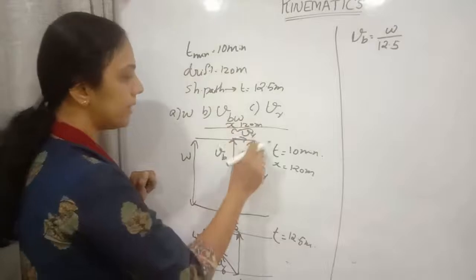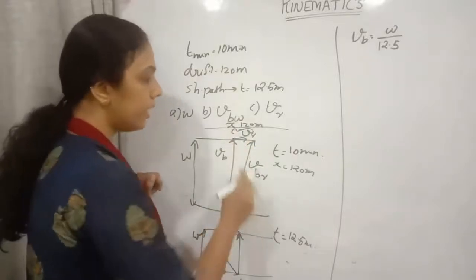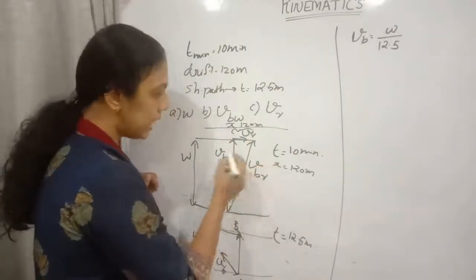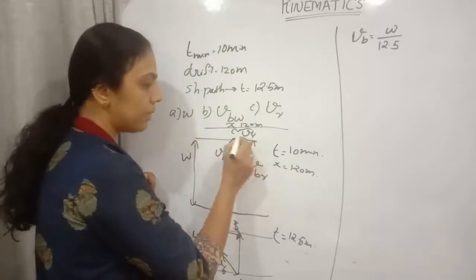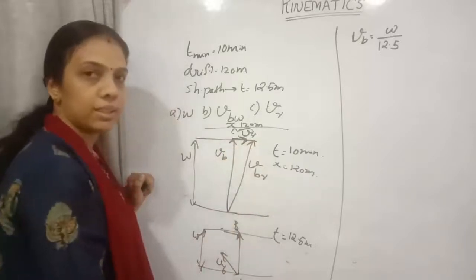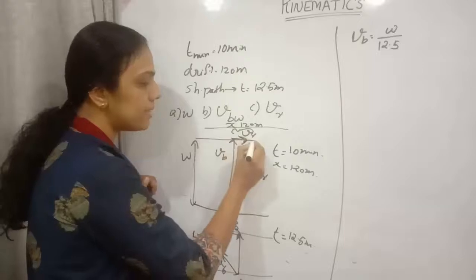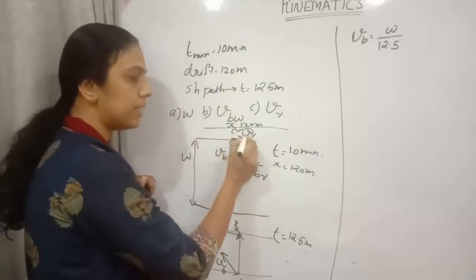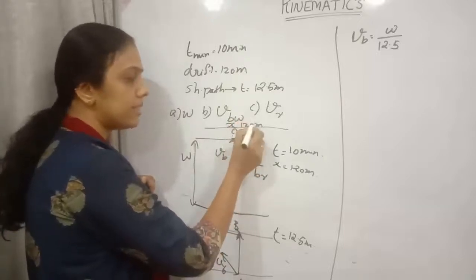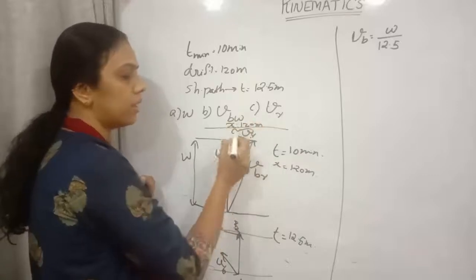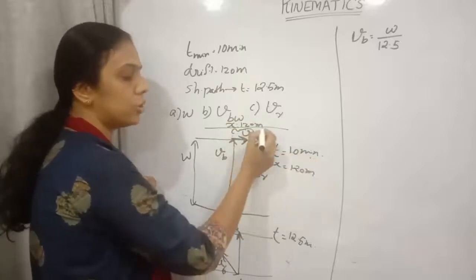Now I am considering this equation. Here, in 10 minutes the river is traveling a distance of 120 meter, right? This is the distance traveled by the river in time 10 minutes, that is 120 meter.